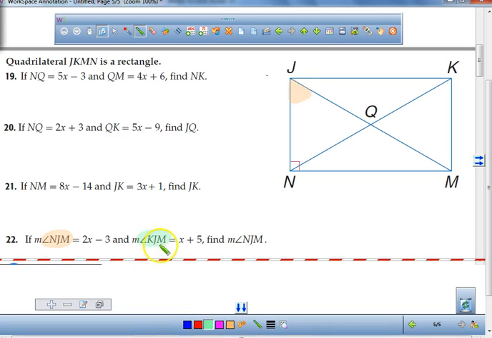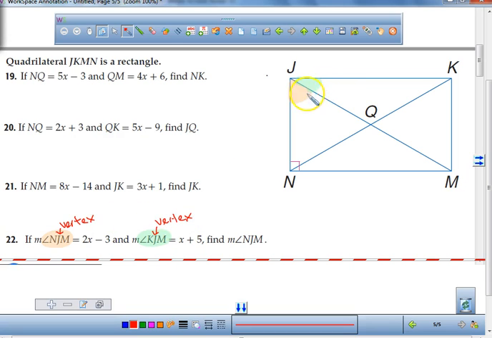I'm going to go from K to J to M. From K to J to M. Which means this angle right here. How do I know that's the case? Because what's the middle letter always have to be? That has to be your vertex. Okay? Now, are these angles exactly equal to each other?